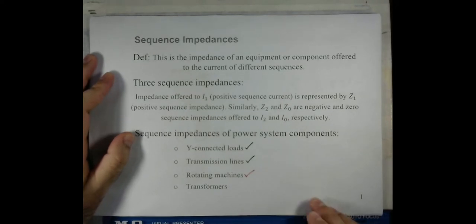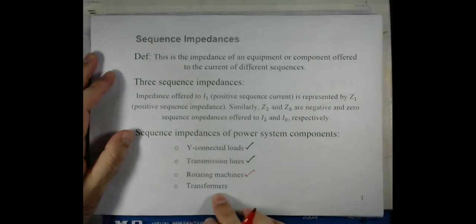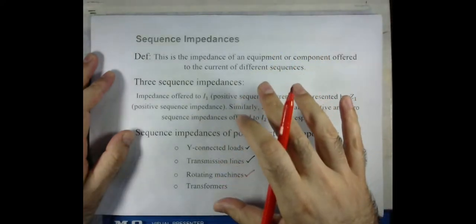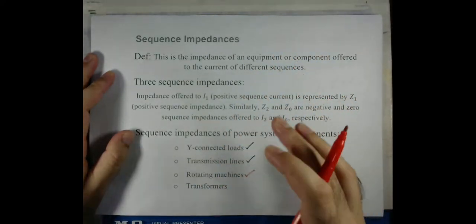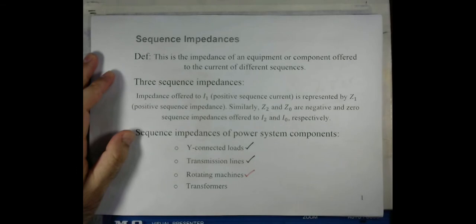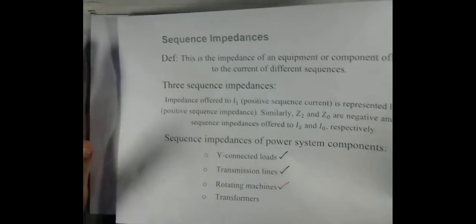Now in this lecture I will end this discussion on the sequence networks, where I will talk about the sequence networks of the transformers, and then with the knowledge that you have gained, we will also solve a particular example. Before starting the transformer, let me quickly revise the contents of the last lecture.